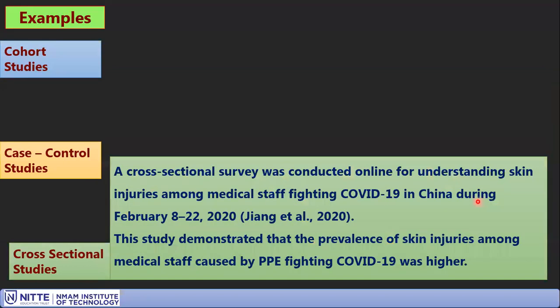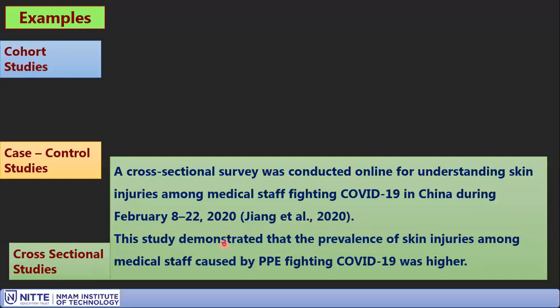Then the next example is on cross-sectional studies. This is the latest example. A cross-sectional survey was conducted online for understanding skin injuries among medical staff fighting COVID-19 in China during February 8 to 22, 2020, by Jiang et al.